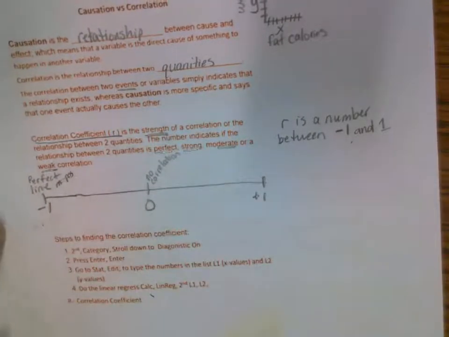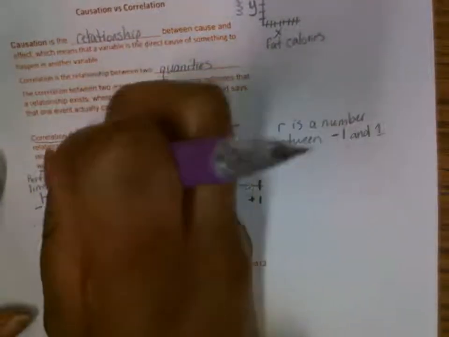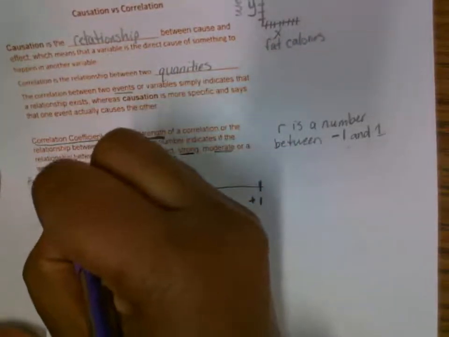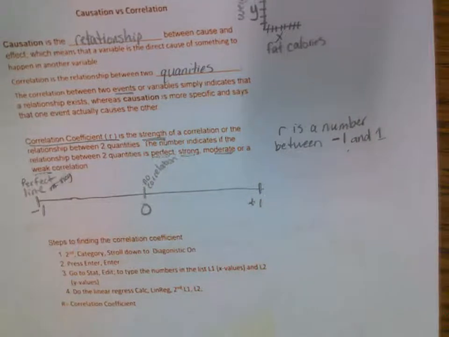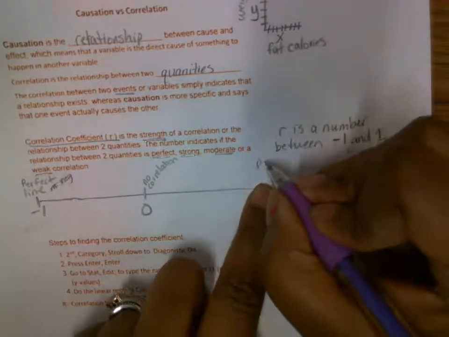Okay, M is positive. On this side, if it's a positive, negative. Sorry, Lord. It's a negative. Over here, if it's a +1, perfect straight line.